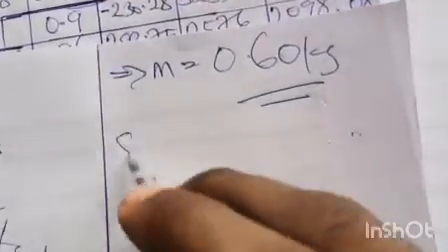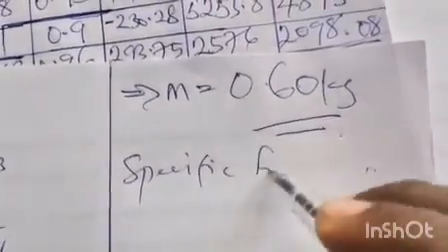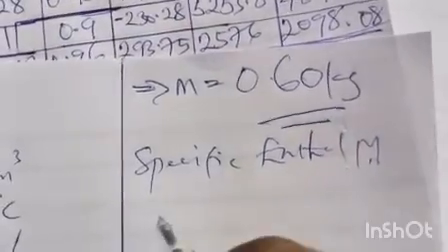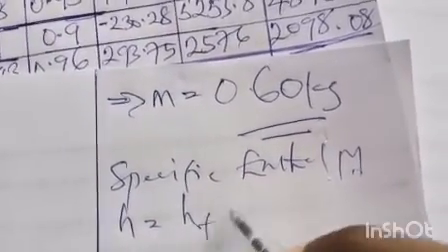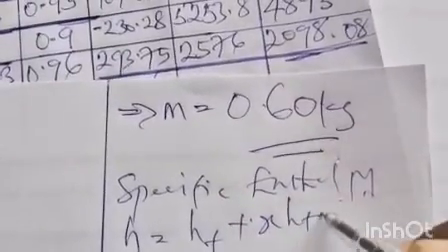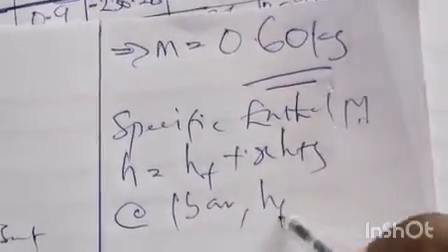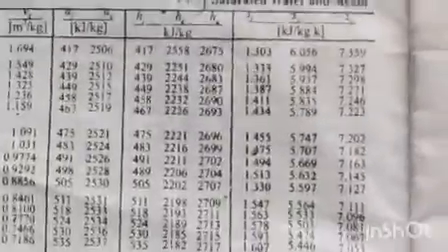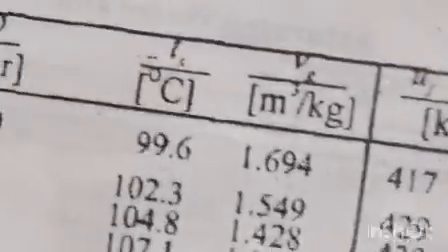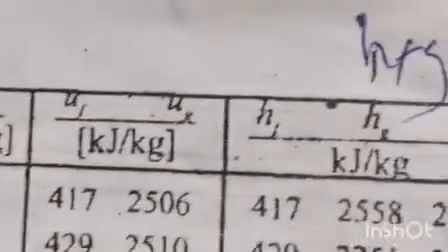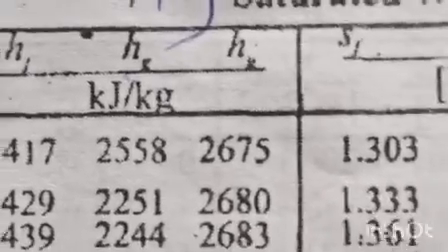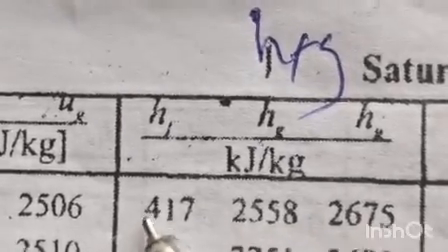Let's start with enthalpy. Specific enthalpy H is equal to HF plus X HFG. We'll obtain HF and HFG from the saturated water and steam table corresponding to 1 bar. The very first HF there is 417 kilojoules per kilogram.